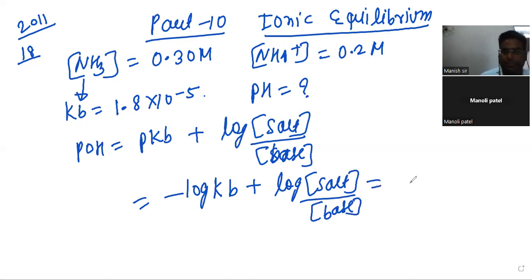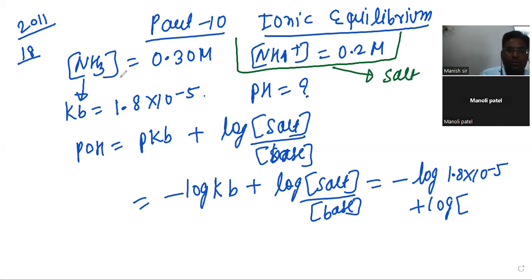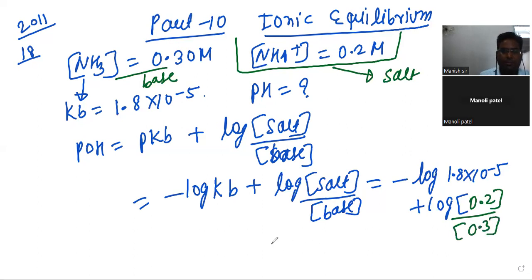Now put the value: minus log of 1.8 × 10^-5 plus log of concentration of salt, 0.2. This part comes under the category of salt, so this is your salt. This is your base. So put the concentration values: 0.2 divided by 0.3.